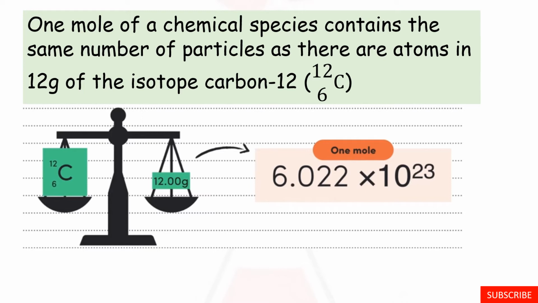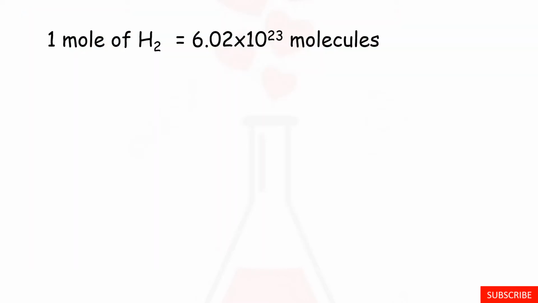So the number of carbon atoms that will always balance 12 grams will be 602 hexillion atoms, which are given by Avogadro's number. Avogadro's number is the magic number for one mole.